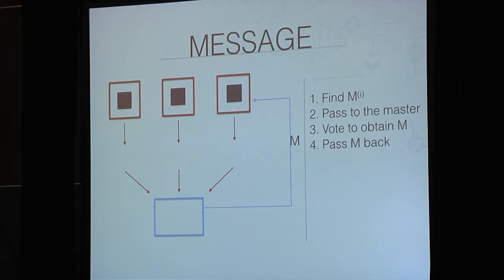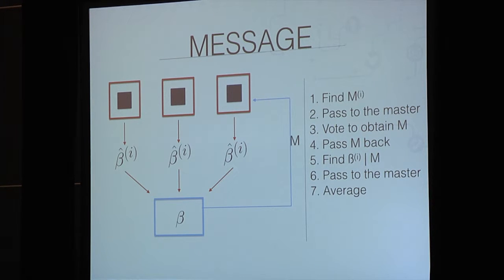Based on this model, each machine estimates the coefficients again, and these values are then passed to the master machine and averaged. This is the output from the system. You can see this system is very efficient. It's parallel, and the communication is limited to only 2 steps: one for collecting all the models selected from the subsets, and the other for collecting all the coefficients estimated from the subsets.